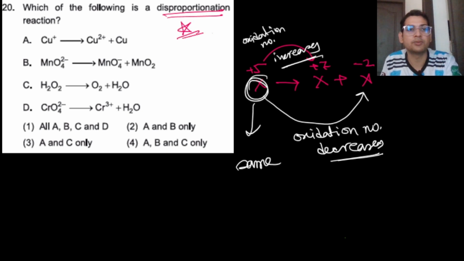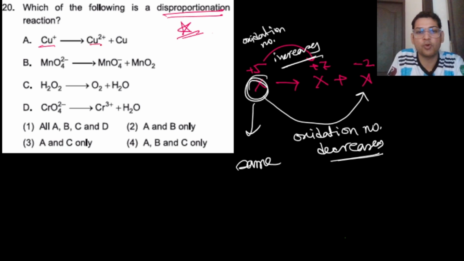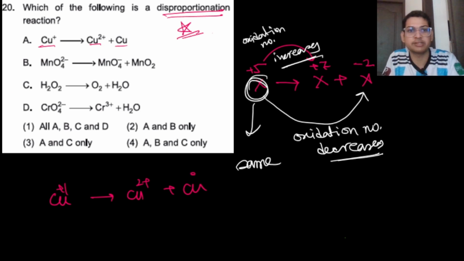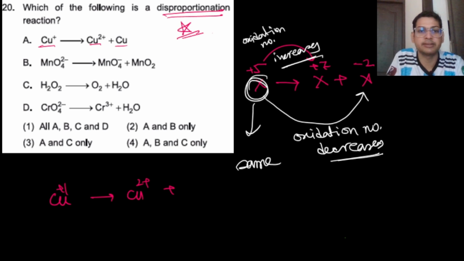Okay, let me go to the next page. We can do some of them here also. You see, first copper plus to copper 2 plus plus copper. So here copper is in zero oxidation state.